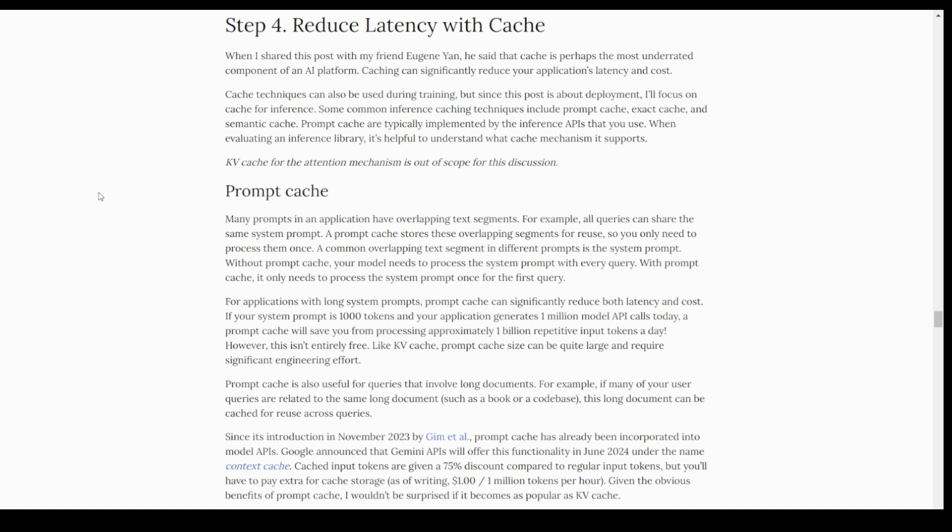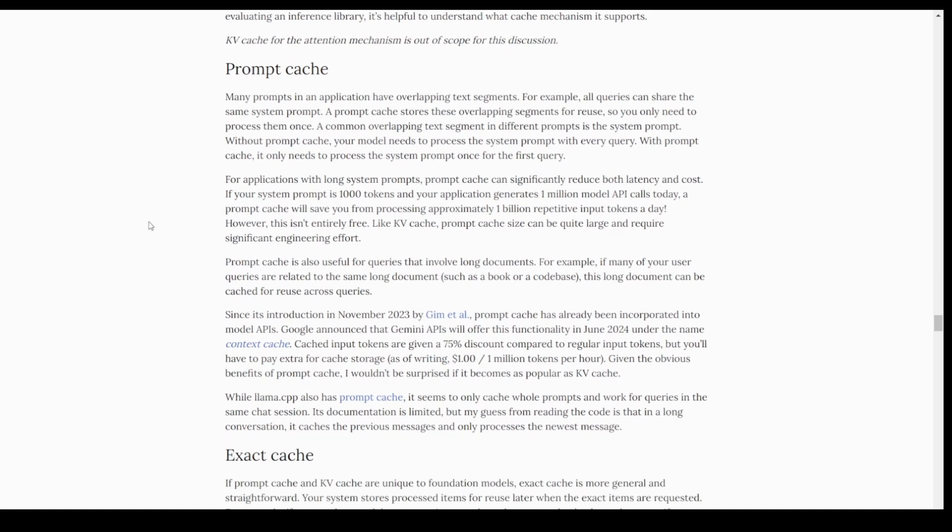The KV cache stores in cache the calculations we have already done, and given a similar input, it starts from the cache, not from scratch.